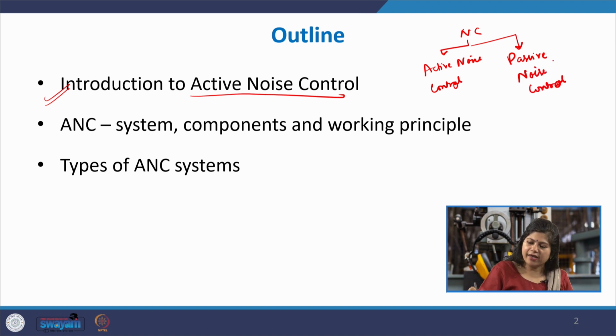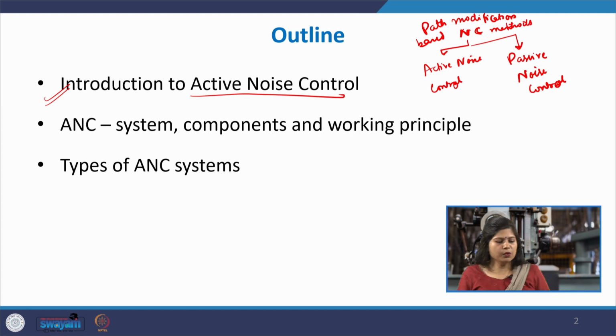Both of them are path modification based noise control methods. Okay. So, we will see what is active noise control, what are the basic systems, components and working principle of an ANC system, and what are the types of ANC system.